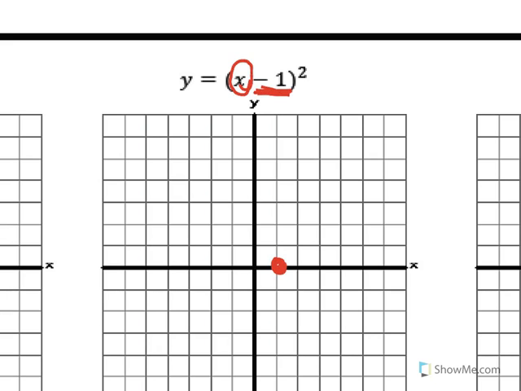That means my parabola is going to have a vertex of 1, 0, and the shape of it will just be a normal parabola. So I can just draw it normal like this, and that's number 2.